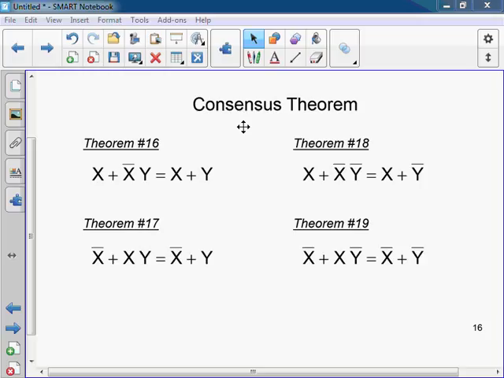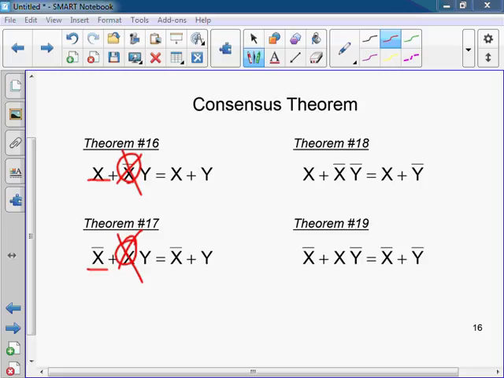So just like this guy stands by himself, this is his opposite, so I'm going to kill it. So in the end, I just end up with x plus y. Now, in my theorem number 17, my y that stands alone is no longer x. It's not x. Oh, that doesn't matter. He's still alone. His exact opposite is going to be x. So the opposite always comes.